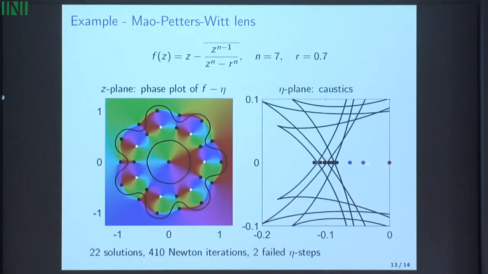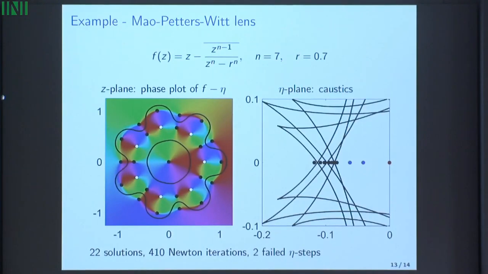Then we have to introduce this intermediate step, and the first substep then again fails, and we again have to introduce another substep. And this took us a lot of iterations, also because we are now having 22 solutions, so this is maybe not even a large number. But finally, it worked, and this is exactly what we expect from the theory. So I showed you already a proof why this will work.